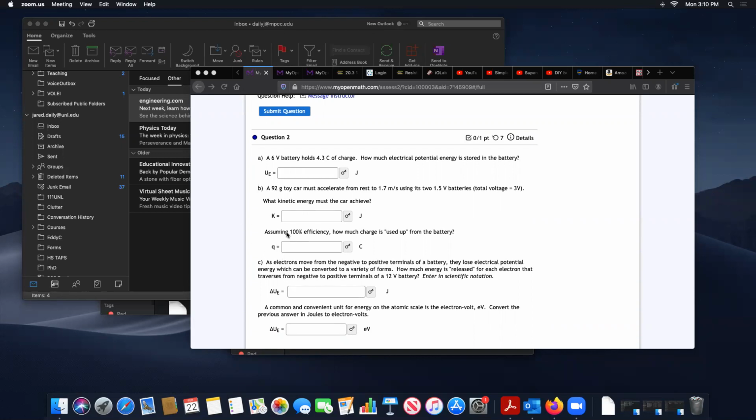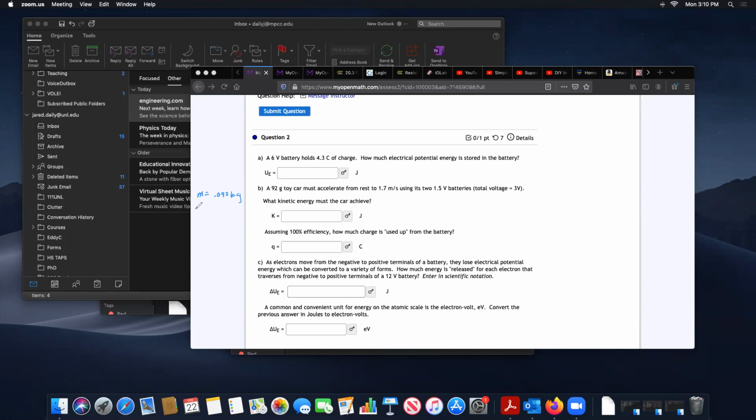All right, so here we have a 92 gram toy car, which would be a mass, right? So we have our mass, and of course we want to convert that to kilograms, so that's 0.092 kilograms. It's going to have to accelerate from rest to 1.7 meters per second using its two 1.5 volt batteries.